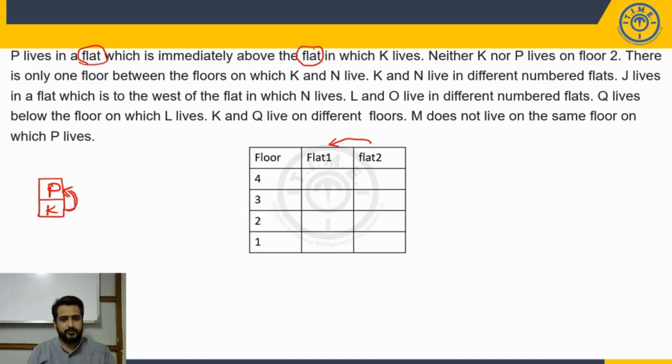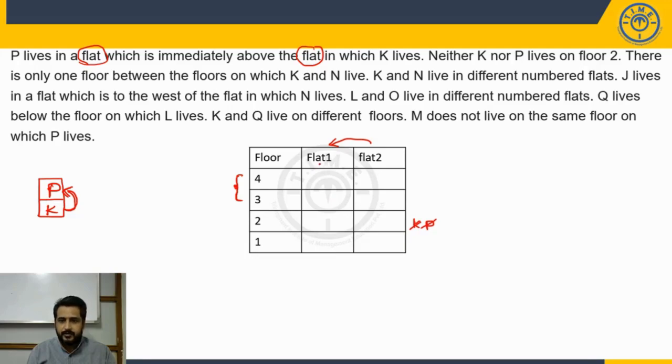So consecutive floors. Okay. So it could be 4 and 3, 3 and 2, or 2 and 1, in flat 1 or flat 2. But what is given? Neither K nor P lives on floor 2. So with consecutive floors, 3 and 2 is ruled out, and 2 and 1 is ruled out, because we cannot place P or K. So 4 and 3 only, floor 4 and floor 3.